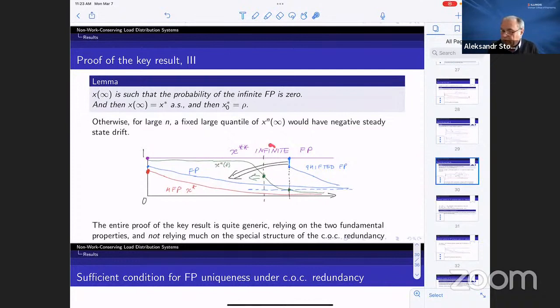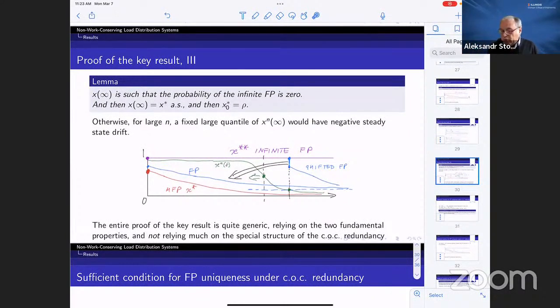So again, we're using tightness to get a contradiction. If this happened with non-zero probability, your 90th percentile would have a negative steady state drift, which is not possible in steady state.